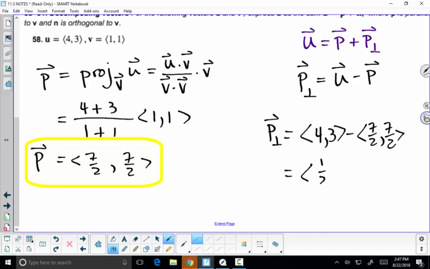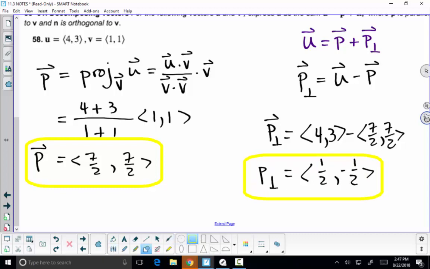Looks like 1/2 and minus 1/2. So that's our p perp. So p plus p perp gives u.